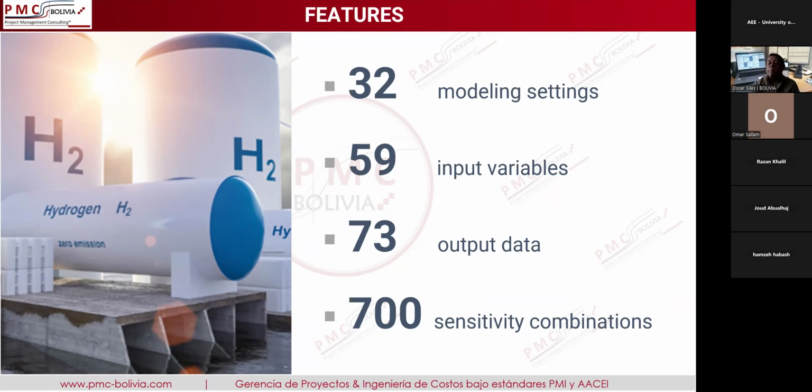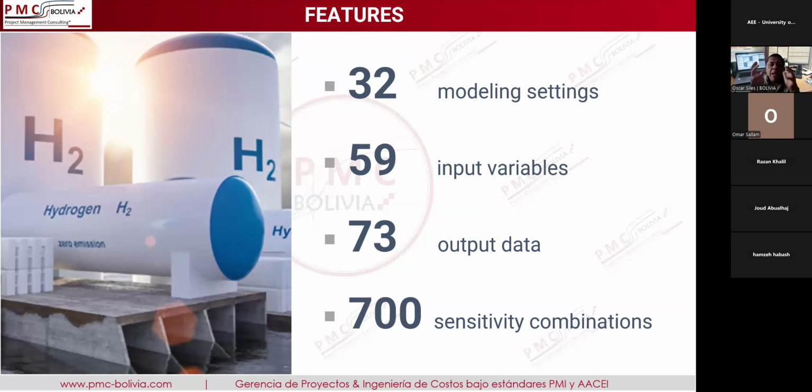Plus, the CBS, cost breakdown structure, is very detailed because it has 59 input variables. It's a very big and complex model in terms of modeling, with 59 variables. Plus, the model has 73 output data.